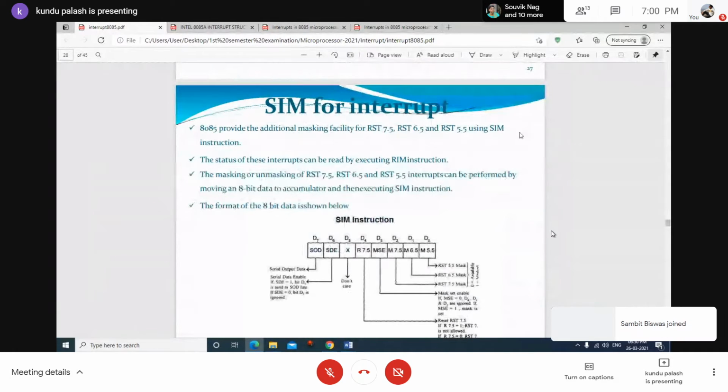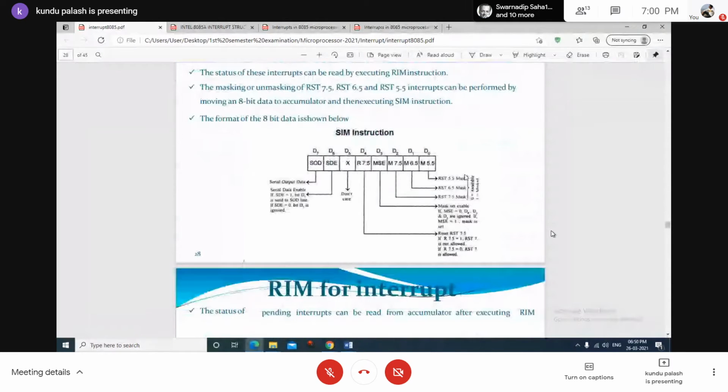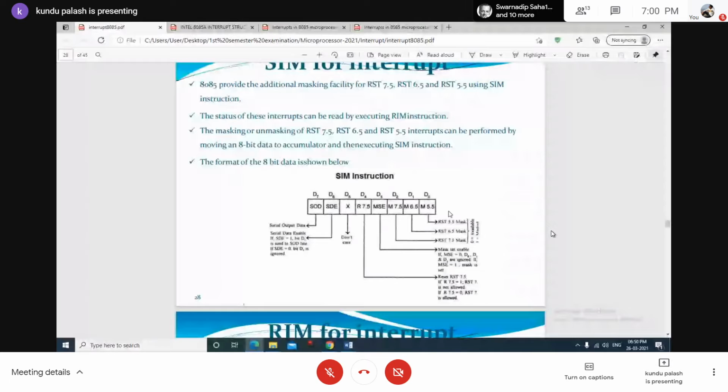Set interrupt mask means that for the SIM instruction, the accumulator must hold a relevant byte, a bit combination, which says which interrupt should be masked or which should be unmasked. D0 corresponds to the mask for RST 5.5. What is the meaning?